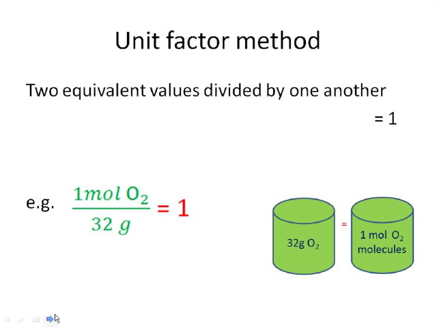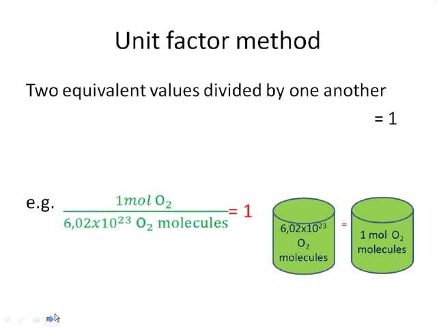1 mole of oxygen molecules has a mass of 32 grams. These are equivalent values. Therefore, dividing one by the other equals 1. 1 mole of oxygen molecules is 6,02 times 10 to the power 23 oxygen molecules.